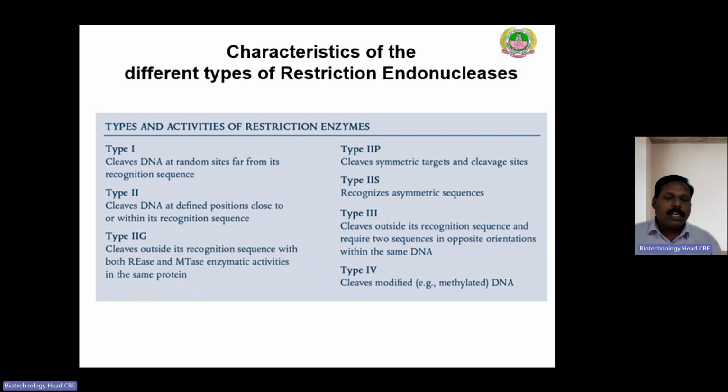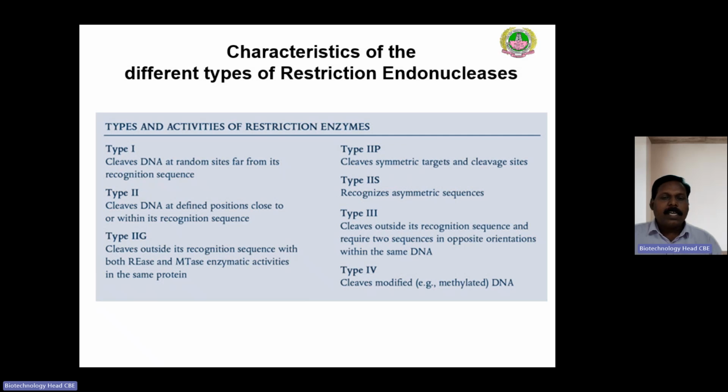The type 2G enzymes cleave outside the recognition sequence, with both restriction endonuclease and methyltransferase activities in the same protein. Type 2P cleaves symmetric targets, whereas type 2S enzymes recognize asymmetric sequences of the template and attack them.